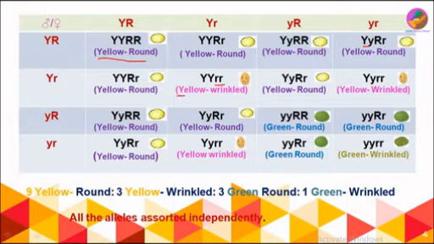It will produce yellow wrinkled seeds. When small r small r is there, there is no dominant allele, so it has produced wrinkled seed.